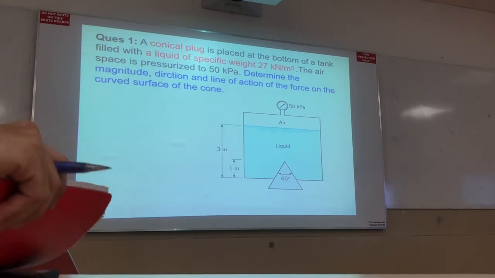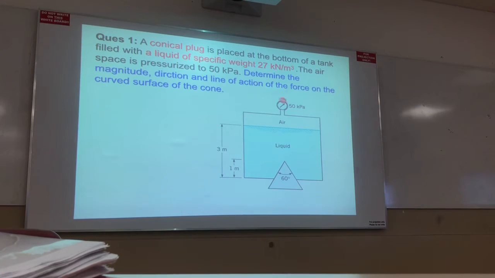The air space is pressurized to 50 kilopascal. So here the pressure is 50 kilopascal at all points. Determine the magnitude, direction and line of action of the force on the curved surface of the cone.